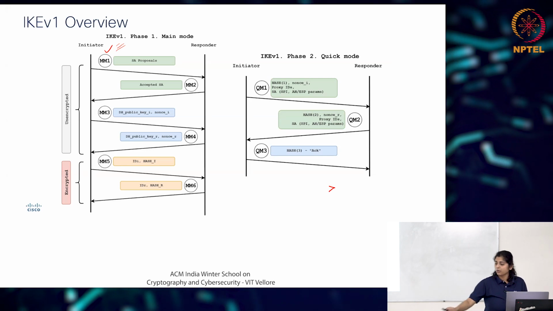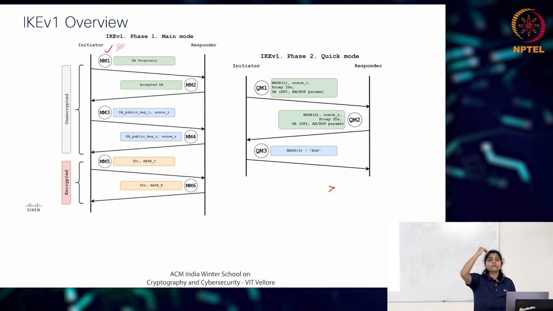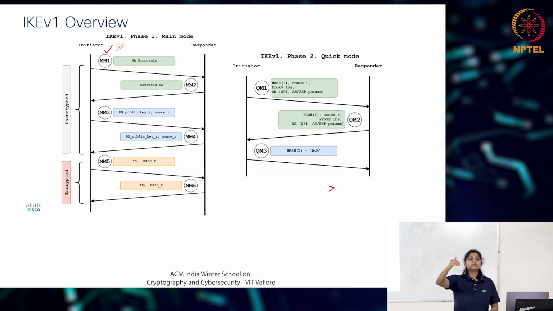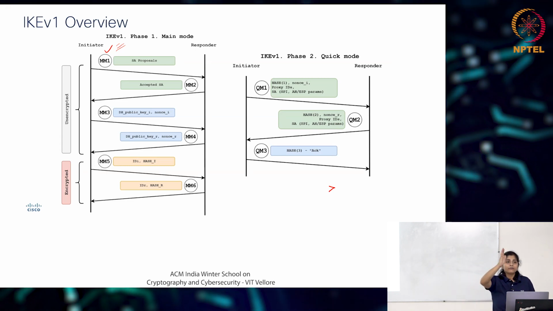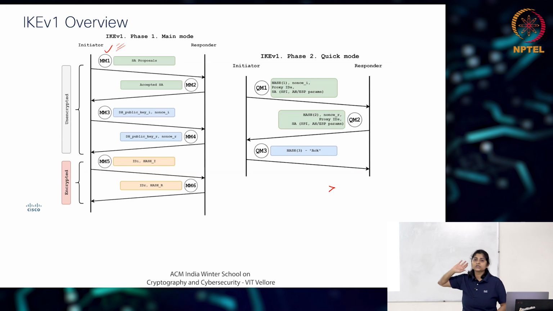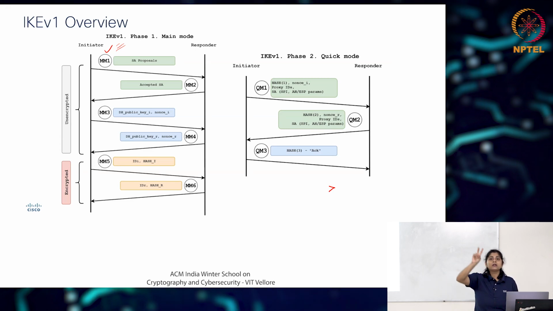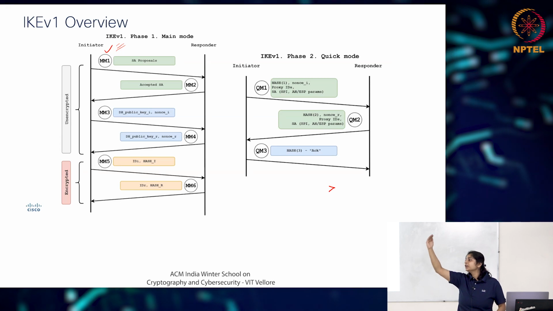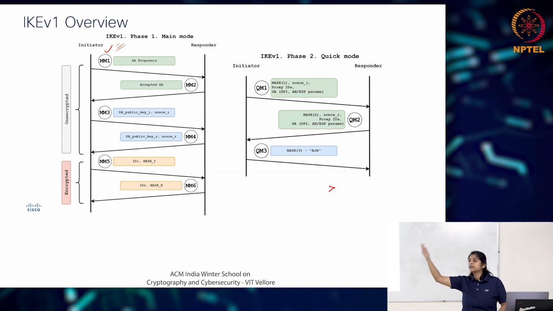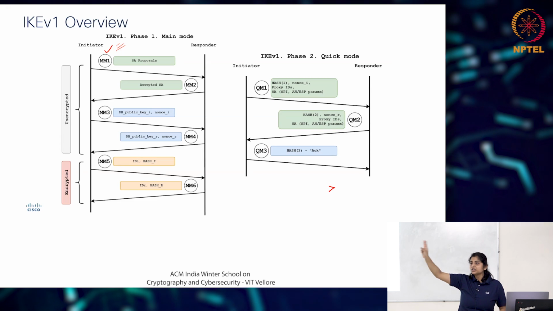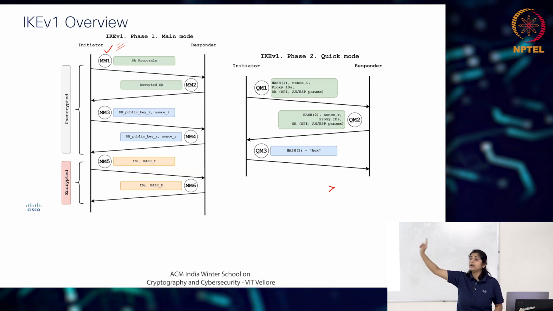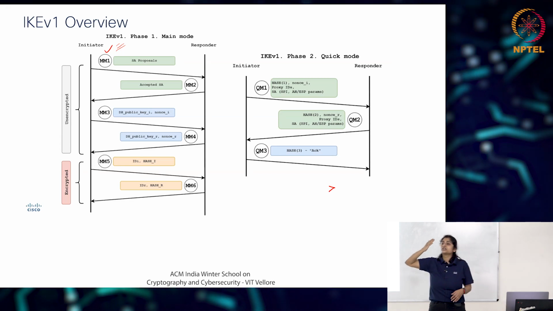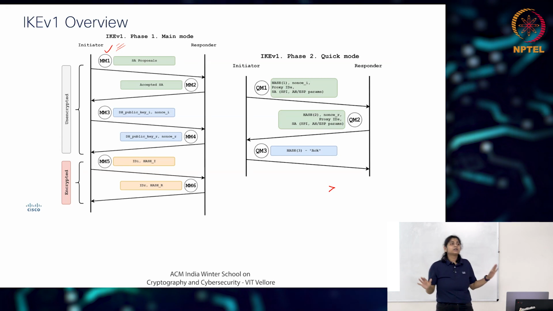Responder says, you know what? Whatever protocols you have sent, among these, the first match is for this set of IKE exchange protocols. Remember, proposals are something we send and the other side has to accept and send back. It's an acknowledgement. Unless they send us a proposal chosen back, the VPN will not establish.